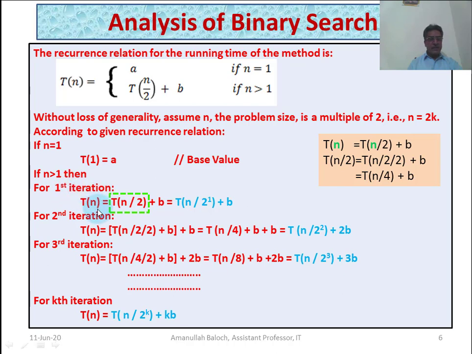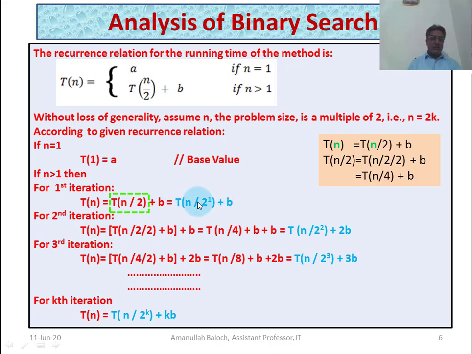In the first iteration, T of n is equal to T of n divided by 2 plus b. This is T of n divided by 2 plus b. Now here the power of 2 is 1. T of n divided by 2 to the power 1 plus b. We can write it in this form.